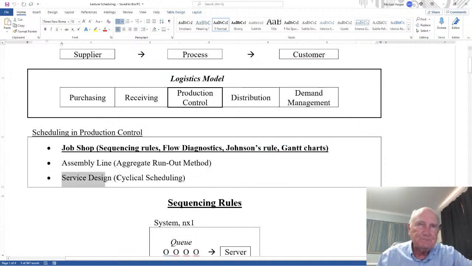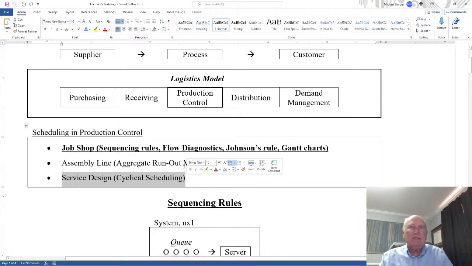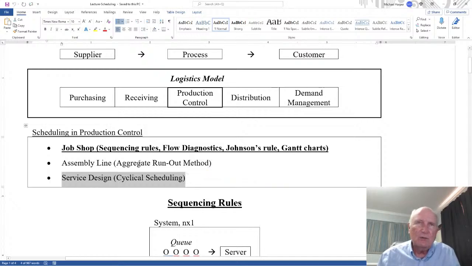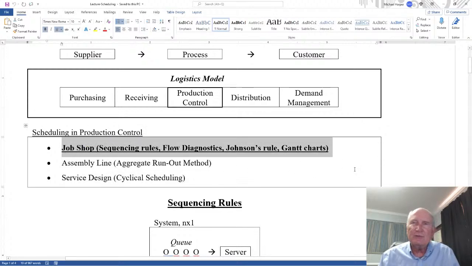In the service design, another very common technique is called cyclical scheduling. We will not do these last two in this video. This video is focusing on job shop with a single queue through different processes: a single process and two processes in series.